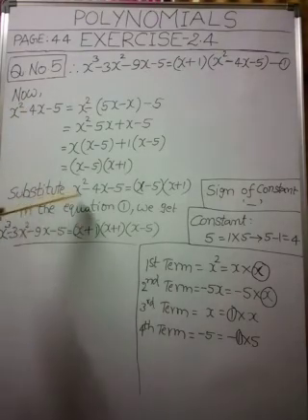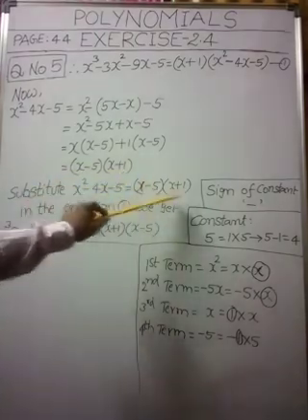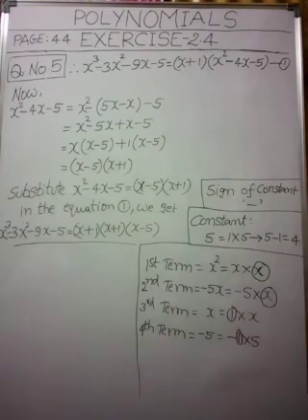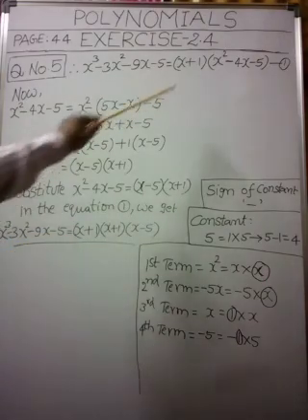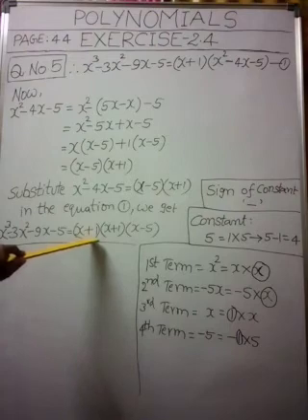So substitute x square minus 4x minus 5 is equal to x minus 5 into x plus 1 in equation 1. In this equation, we substitute this result. Then we get x cube minus 3x square minus 9x minus 5 is equal to, already x plus 1 is there. We write this one factor as it is.